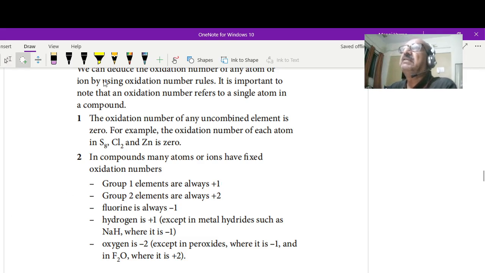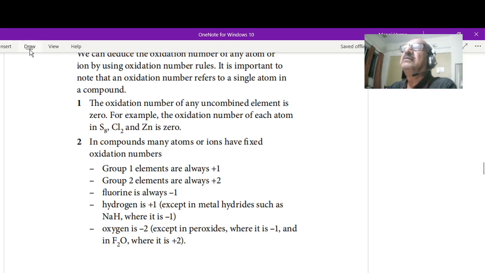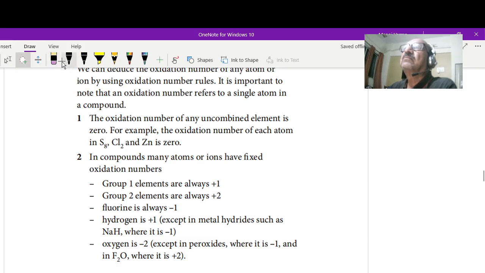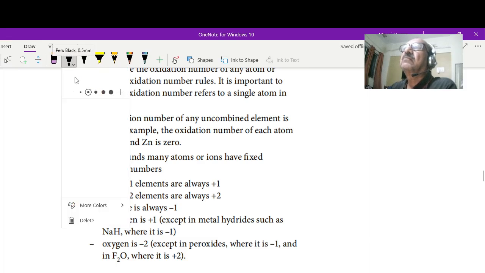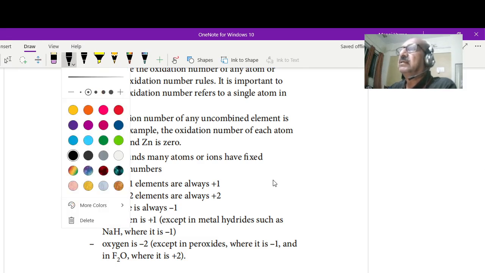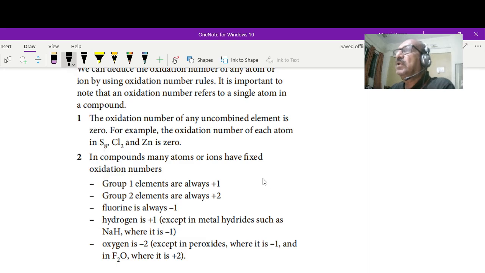For example, if I take a group 1 element like sodium or potassium, let us say KCl. K is a group 1 element, so its oxidation number is +1.